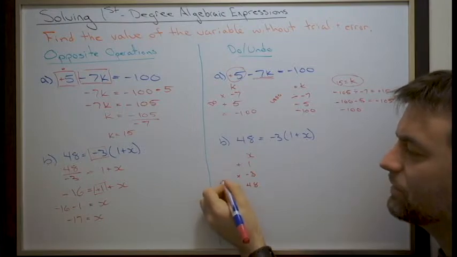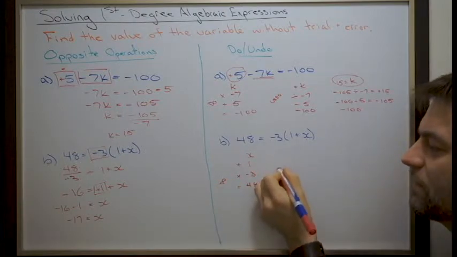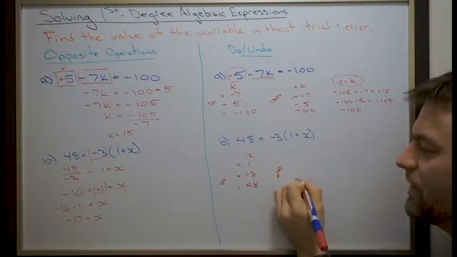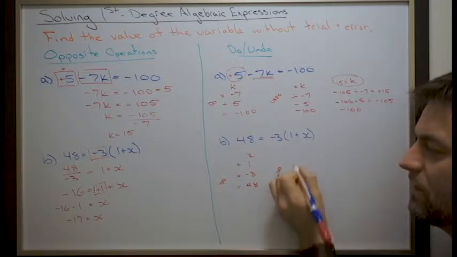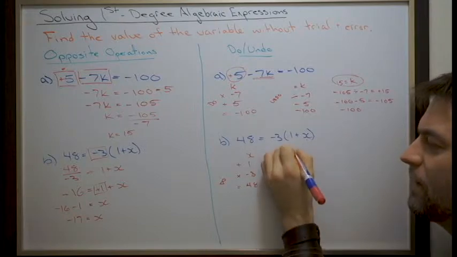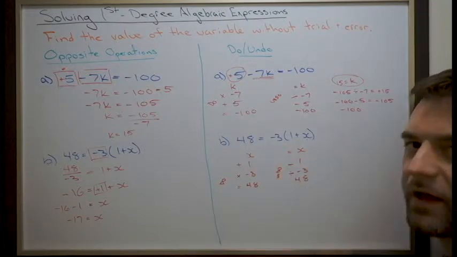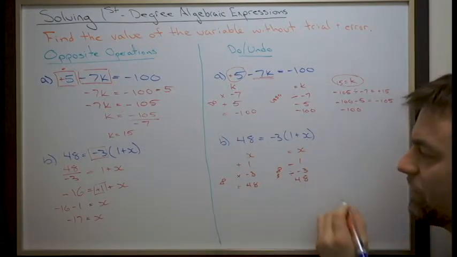So that's our do. If we undo that, then we start with the 48. We divide by that negative 3. We subtract that 1. And that's going to give us our x. So we start with the 48.